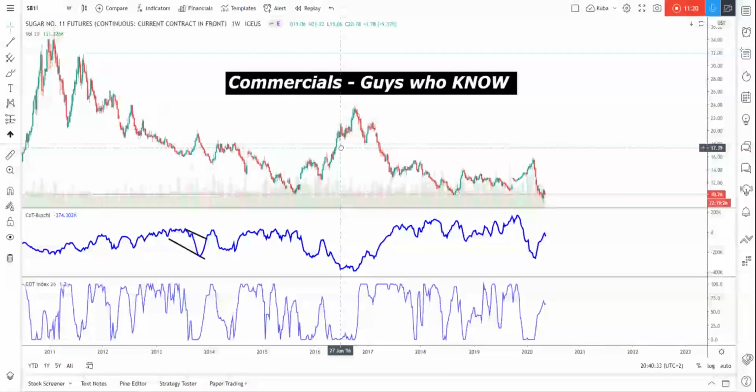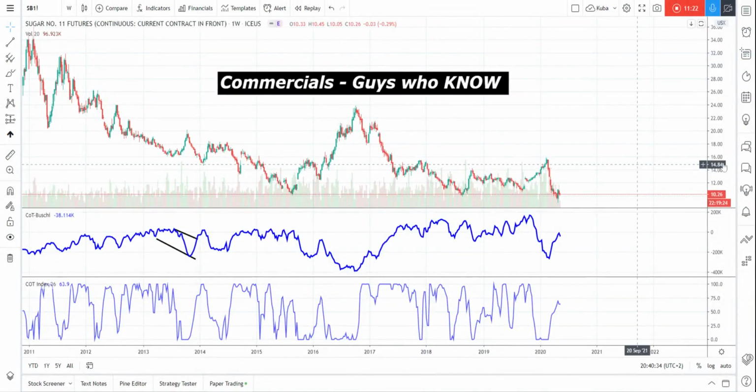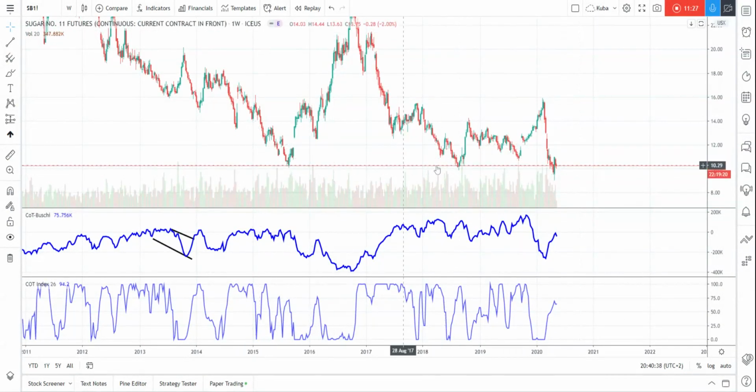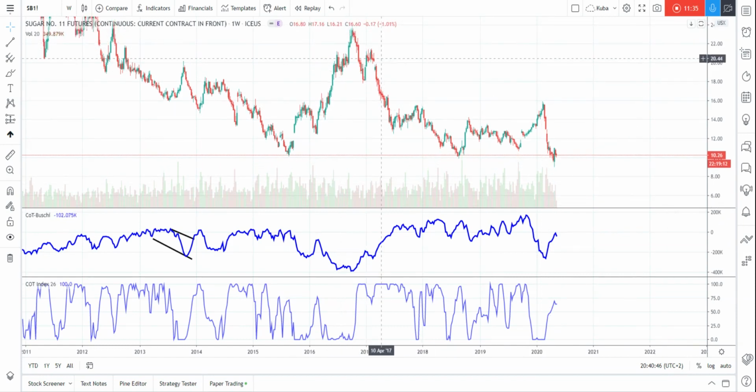So if the market is like this, sideways, this is a little bit risky trade because you have a triple bottom, you have very nice price action, and commercials heavily increase their positions. But it's not so strong a signal because we are in a sideways market here from the previous downtrend. So you are trying to reverse the trend and it's a little bit risky. But look here, commercials are heavy buyers and you have a very nice rejection here.